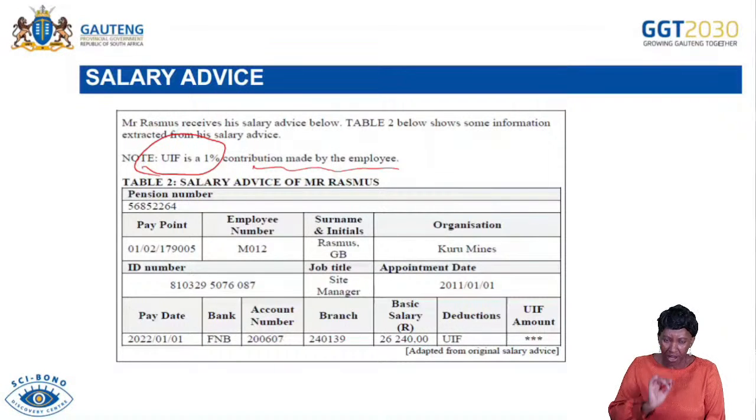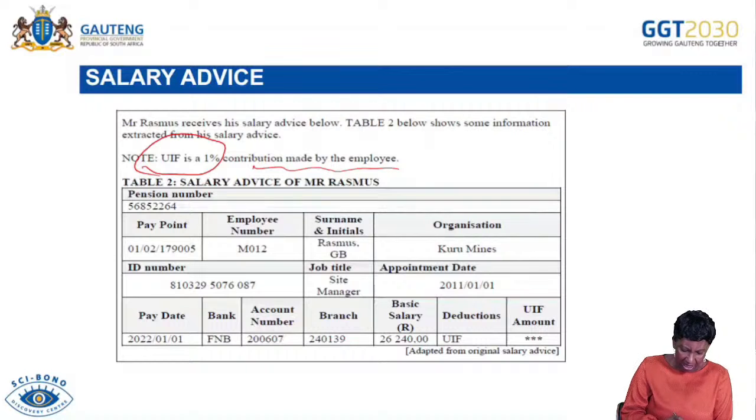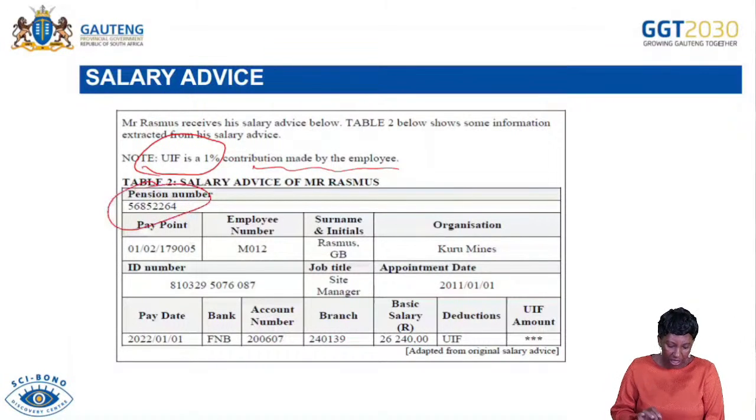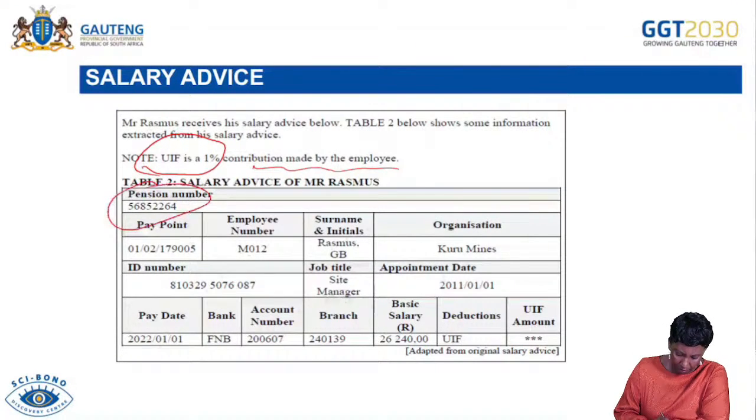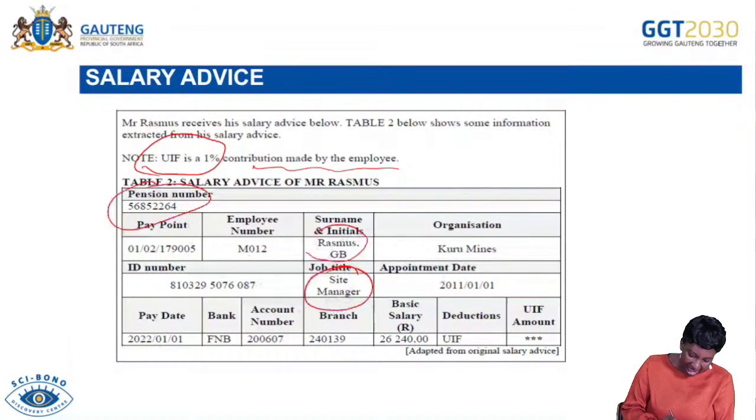That means towards the fund, it will be 2%. What other information do we get there? The pension number. This salary advice is for this person, Rasmus GB, and the job title is branch manager, their ID number.